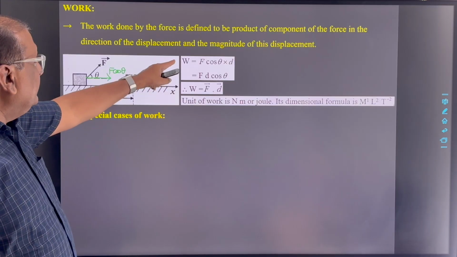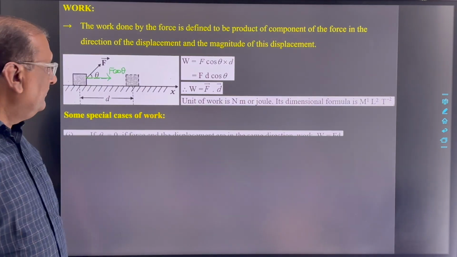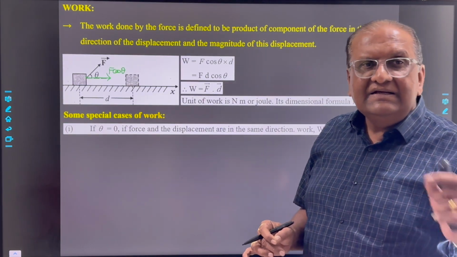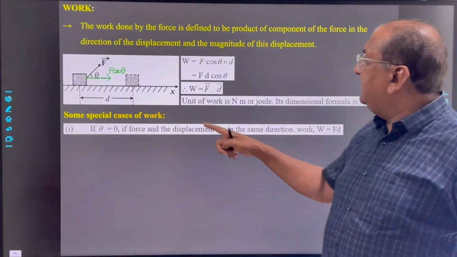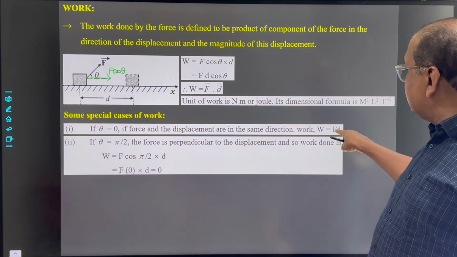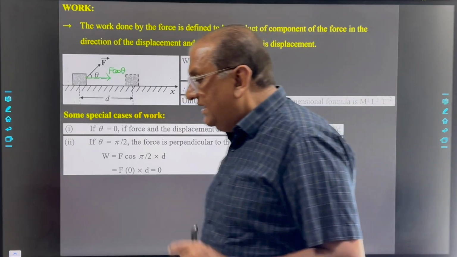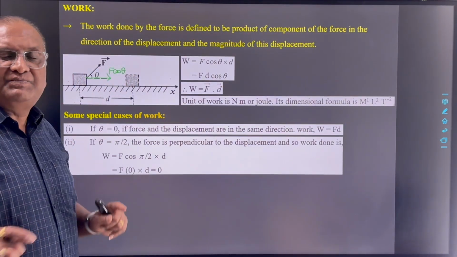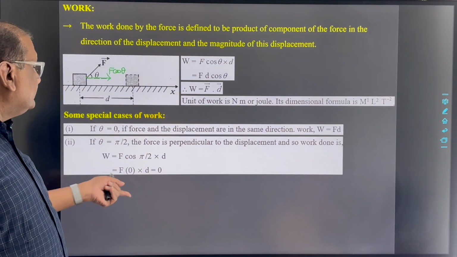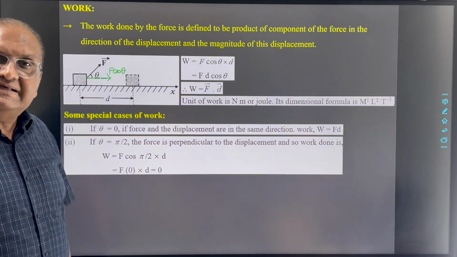Now let's discuss some special cases of work done. W equals FD cos theta. If theta is 0, it implies that force and displacement are in the same direction, cos 0 is 1, so W equals F into D. If theta equals pi by 2, it implies that force is perpendicular to the displacement, cos pi by 2 is 0, so work done is 0.